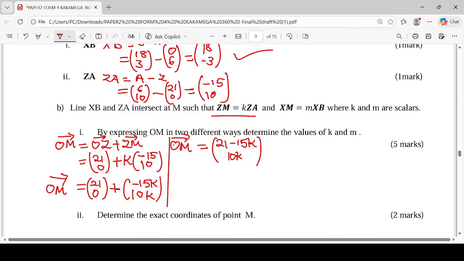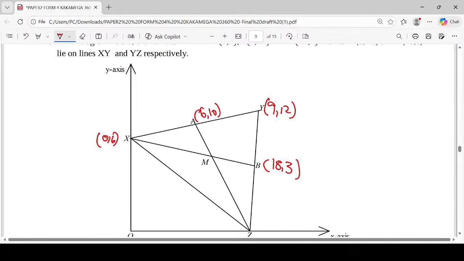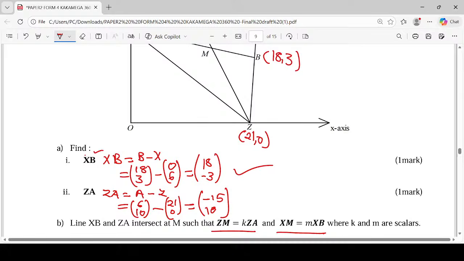Let's look at it the second way. How can I move from O to M? This time, I passed via ZM, then I want to see if I can move from O to M via XM. Let us go back to our diagram. O to M via XM will be O to X, then X to M. OX plus XM.